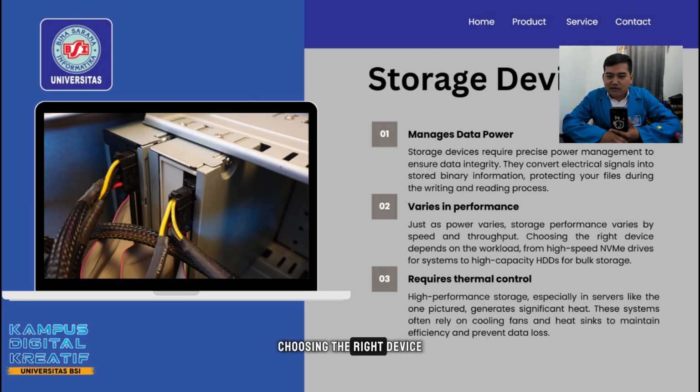Choosing the right device depends on the workload, from high speed NVMe drives to support the system to high capacity HDDs for bulk storage. They require thermal control. High performance storage, especially in servers, generates significant heat, so the system often relies on cooling fans and heatsinks to maintain efficiency and prevent data loss.